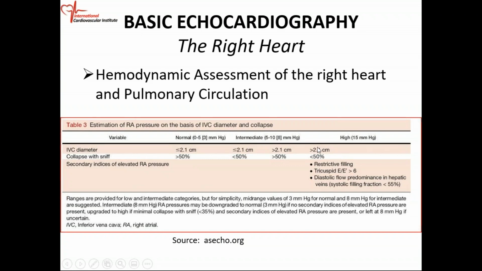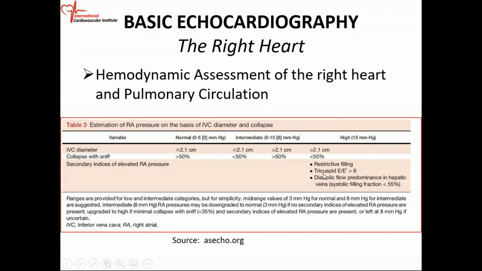If the right atrial pressure is elevated, then what you should see is the IVC is going to be larger than 2.1 centimeters when you do your measurements. You will get less than 50% collapse with inspiration. You're going to get a restrictive filling pattern on the right side.